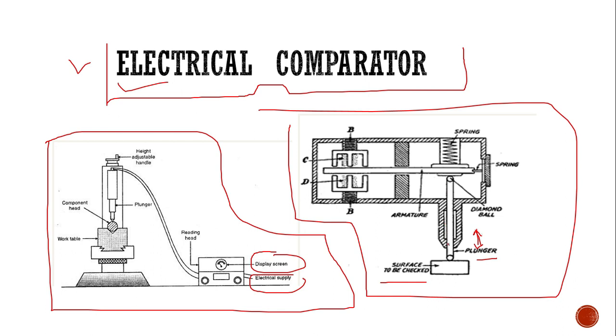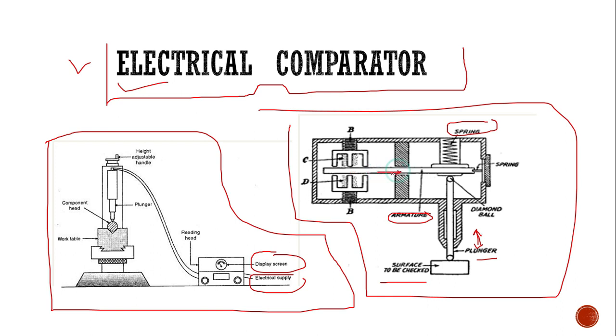So this plunger is kept at this position with the help of this spring. And the most important thing is these magnets. So this is basically an armature. This is an armature rod, as you can see here.